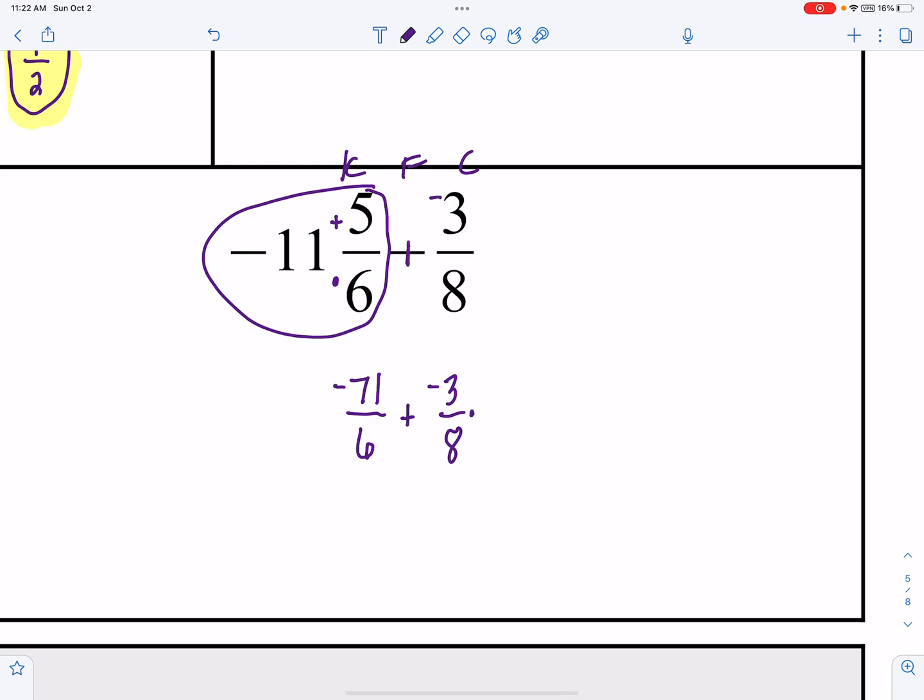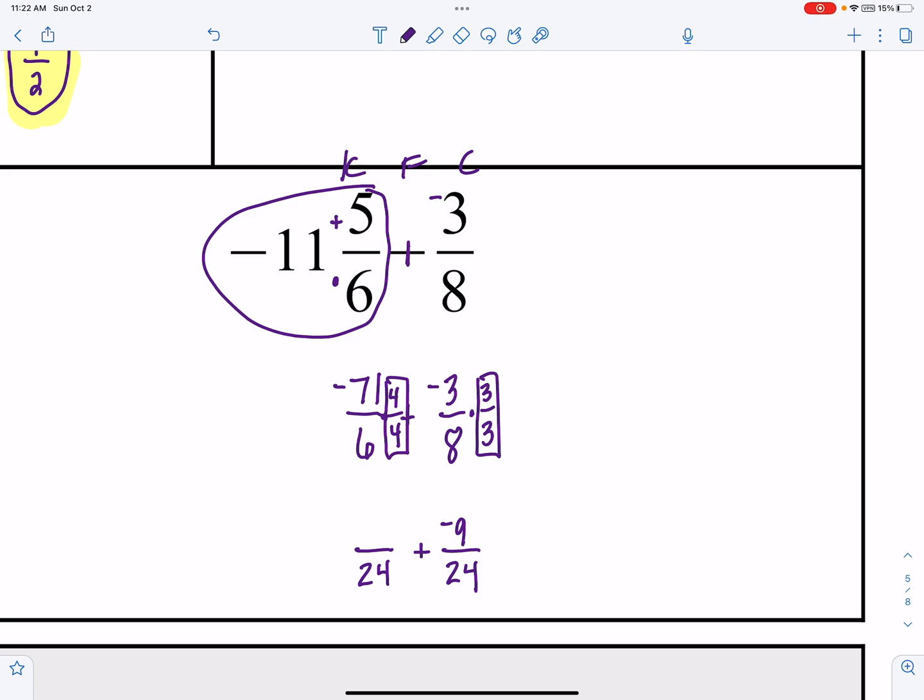So we'll go ahead and change those. I know that 3 times 8 is 24, so we'll multiply by 3 over 3 for this one. And 6 times 4 is 24, so we'll multiply by 4 over 4 for this one. Okay, let's get our new numbers down below. We know that they're both going to be over 24. 3 times 3 is 9, and we're at negative 9 still.